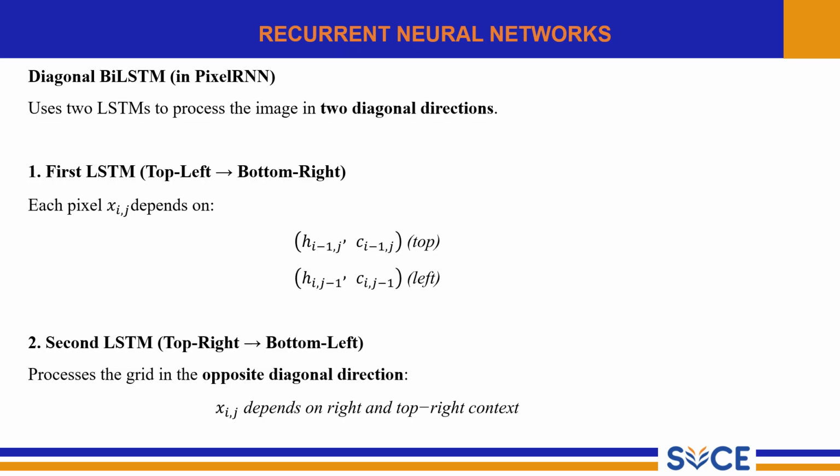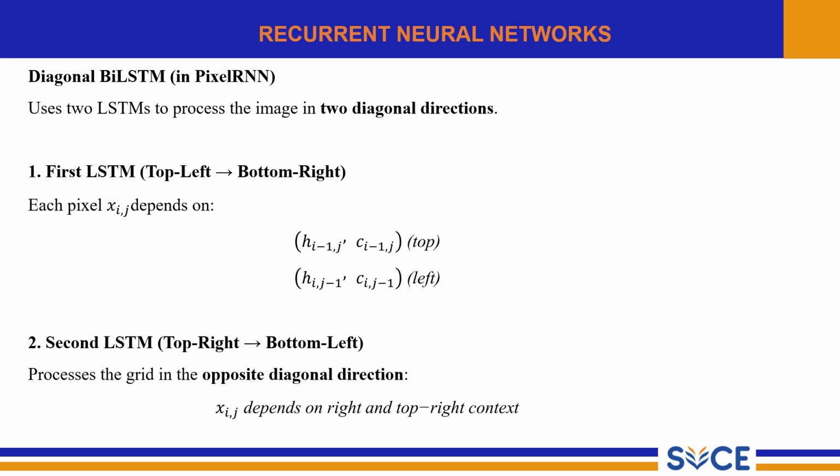Instead of only using left and top information, this LSTM captures right side context, as top right diagonal context. For each pixel x_ij, it learns from the future spatial structure relative to the first direction. This allows the model to understand patterns that might be missed when processing in only one direction.